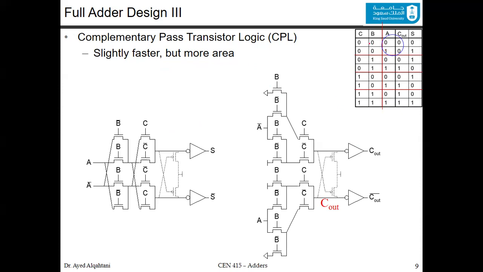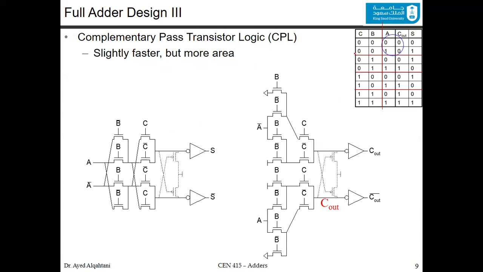And if you have a truth table with 3 inputs, notice that we change the order. So we have C followed by B and A. So A is the least significant and the C is the most significant, because we want the C and B being the selectors, and A, we see the relation between A and the sum, A and the carry out.